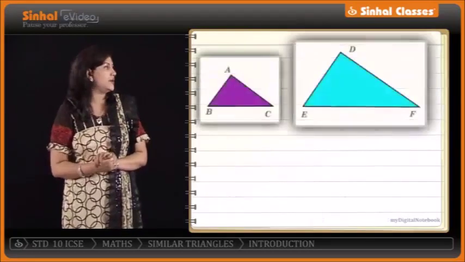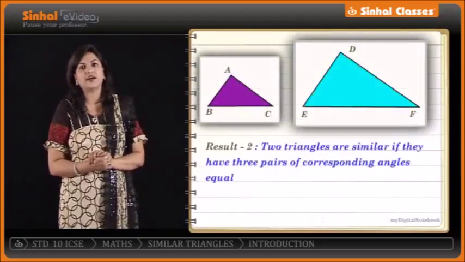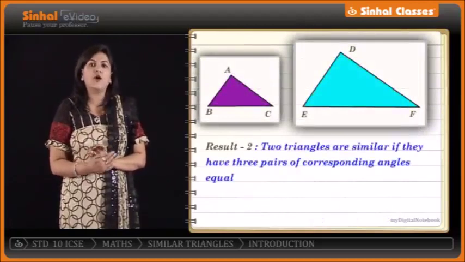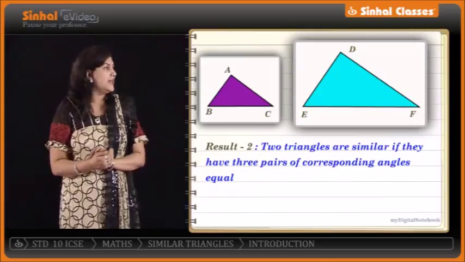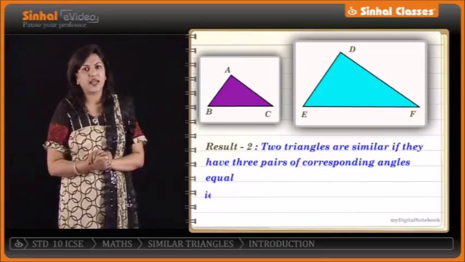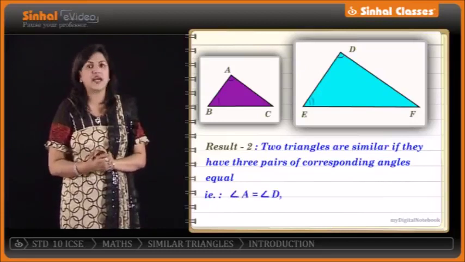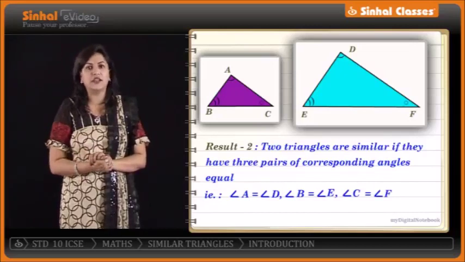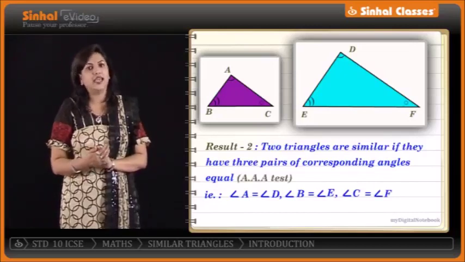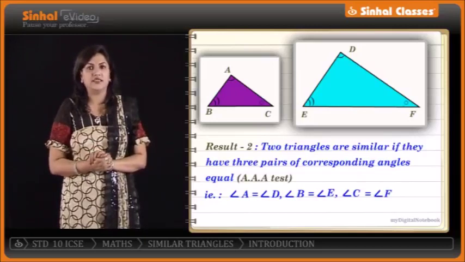Now the second type is two triangles are similar if all the three corresponding angles are equal to each other. That is, angle A equals angle D, angle B equals angle E, and angle C equals angle F. Then these two triangles will be similar by AAA test of similarity.